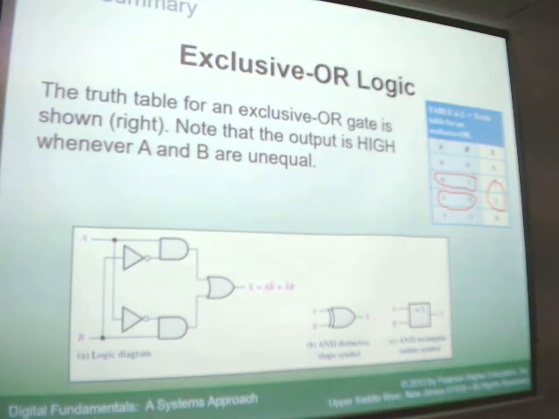We call this exclusive OR logic. When these two are opposite, the output is high. We must remember this symbol, and this symbol. Both symbols represent the exclusive OR logic gate.